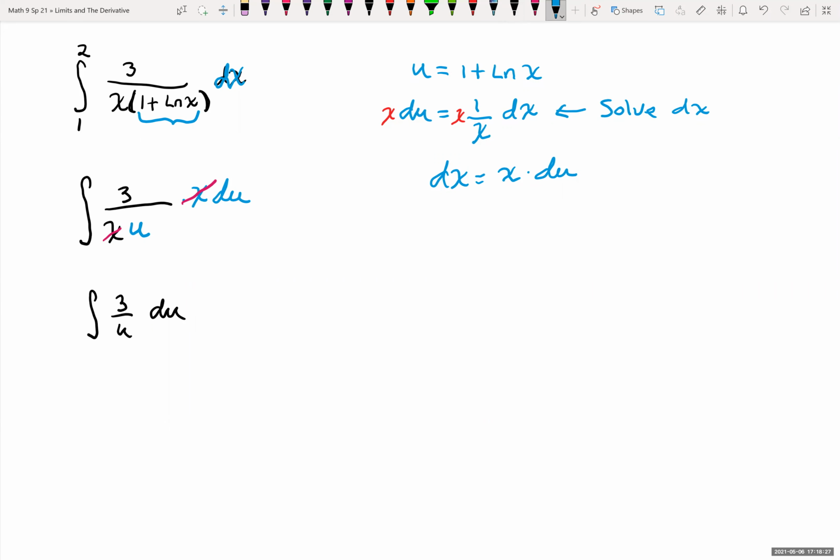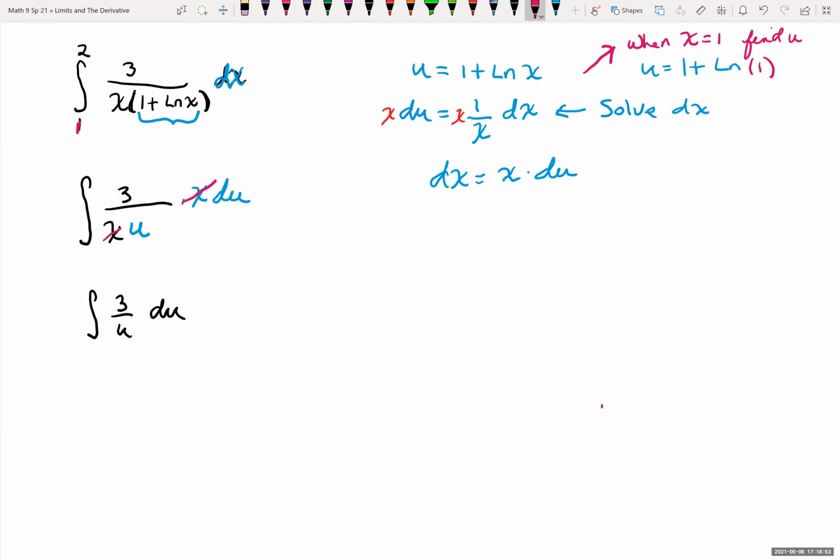Here we have 2 different values for x. When x is 1, we want to find u. So u is equal to 1 plus the natural log of 1. Remember, the natural log of 1 is 0.